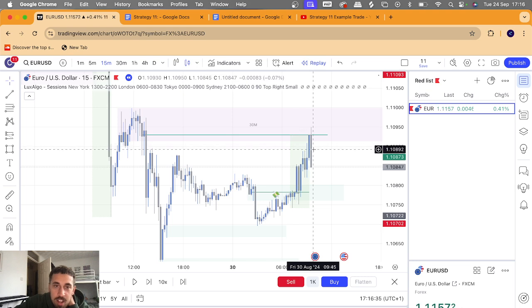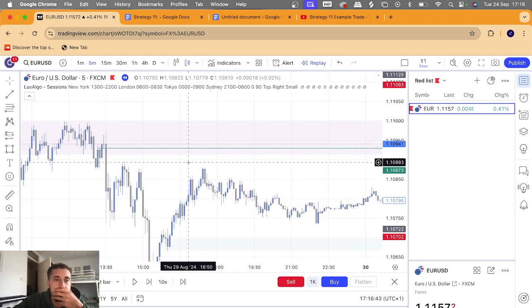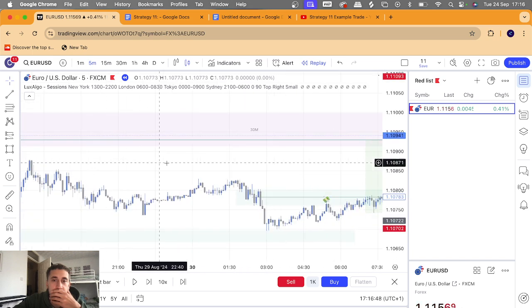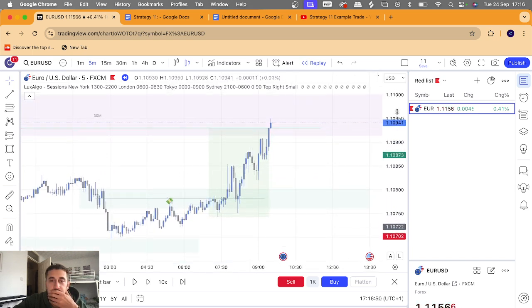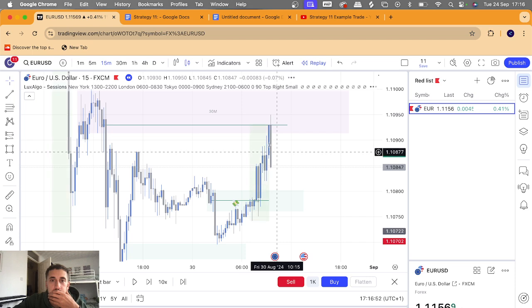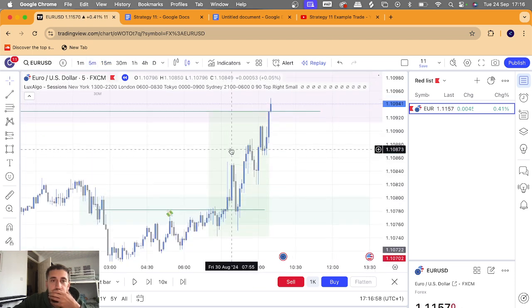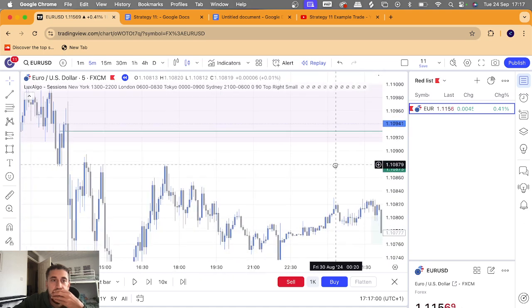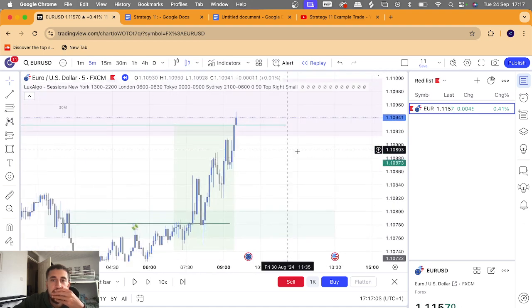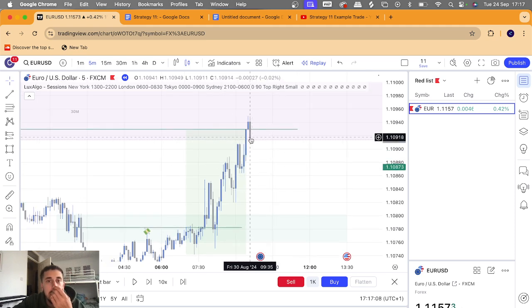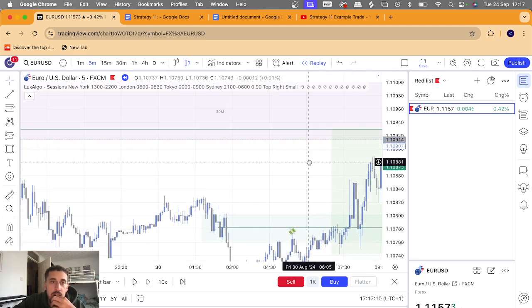We break out of it quite fast. Yeah, old liquidity, left liquidity. I guess again this taps in, disrespecting the order block. That's always a good sign. So maybe that could start being an entry signal.